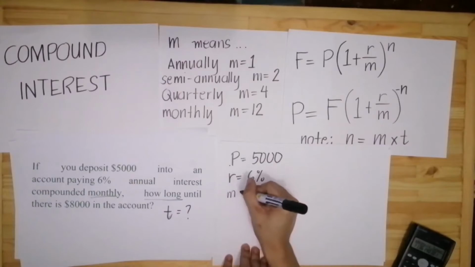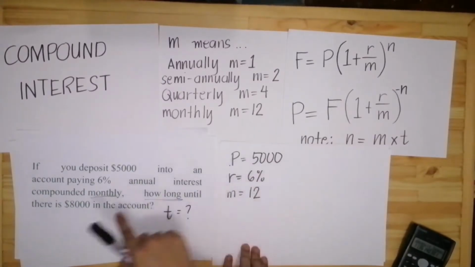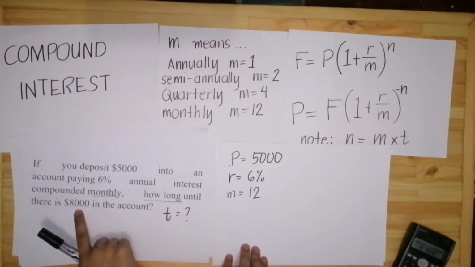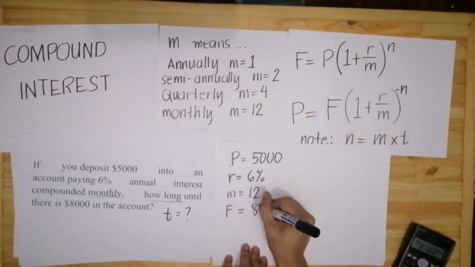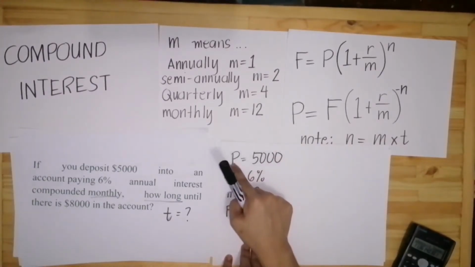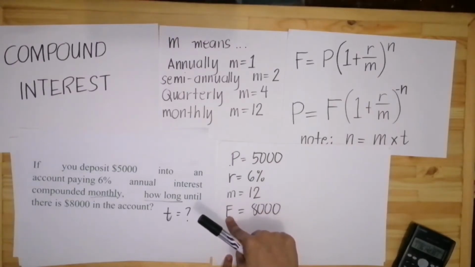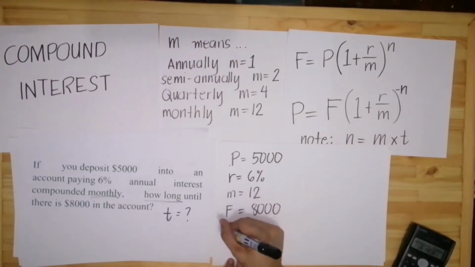So, M is equal to 12. Then, itong 8,000 ay magiging future value or the maturity value, 8,000. Baka mapagpalit nyo, dapat mas mababa lagi ang present sa future. So, ang nawala ay time.